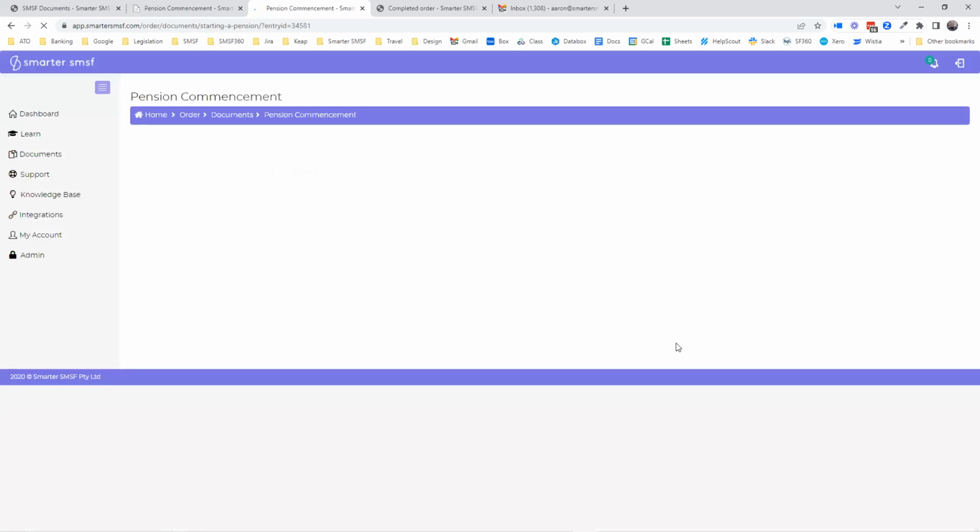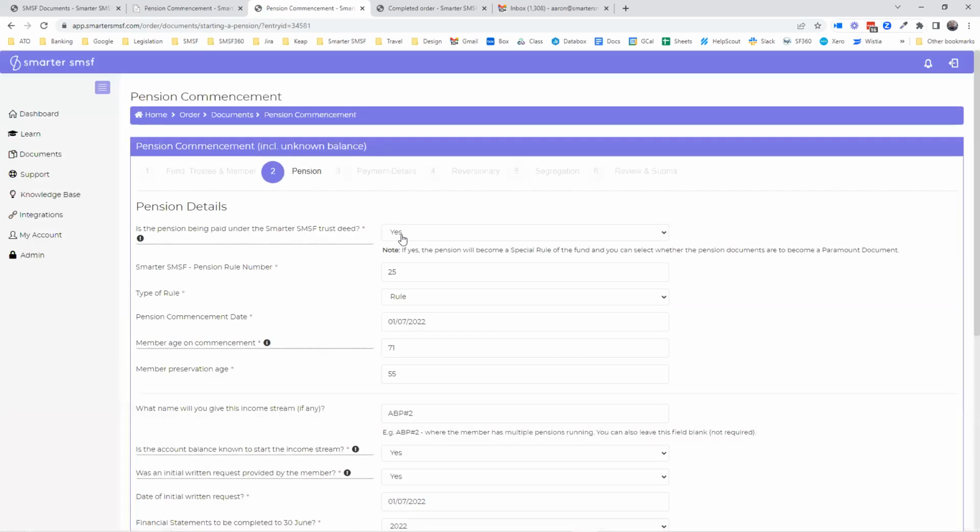And what it is simply saying is, do you use the Smarter SMSF deed or not? And if you say yes, you do, then, and you can see this at the very beginning, it will pre-populate Rule 25. If you say no, then you need to find the rule and move on from there.